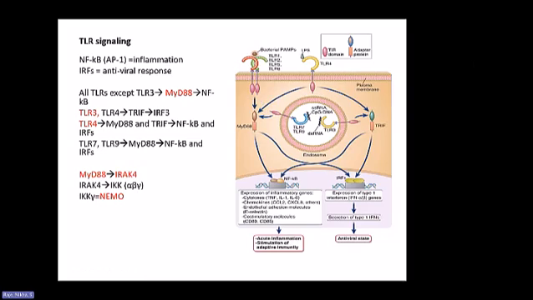Some of the adapter molecules that you have to remember is MyD88, and then that ends up in activation of a kinase. Kinase means it has some enzyme activity. That kinase is called IRAK4. IRAK4, MyD88, why are they important? Defects in them are known to cause severe, recurrent bacterial infections that may lead to life-threatening infections, including sepsis.